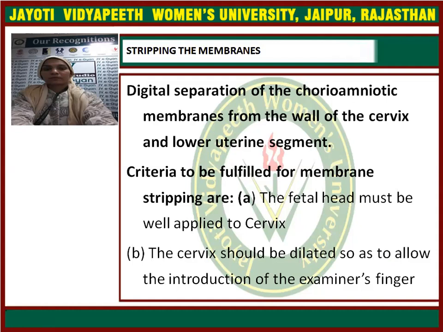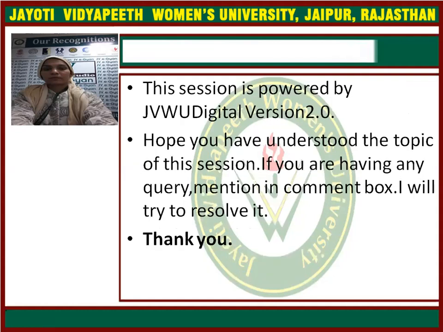What are the criteria that should be fulfilled before the rupture of membrane? The fetal head must be well applied to the cervix, meaning the head should be engaged and properly applied to the cervix. The cervix should be dilated so as to allow the introduction of the examiner's finger. Again, these are the criteria.